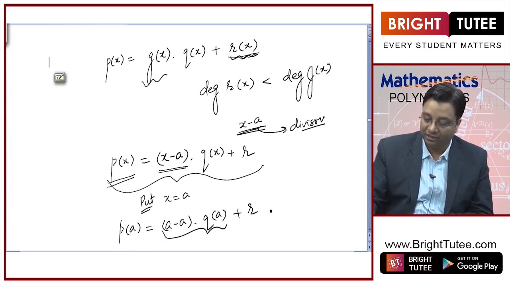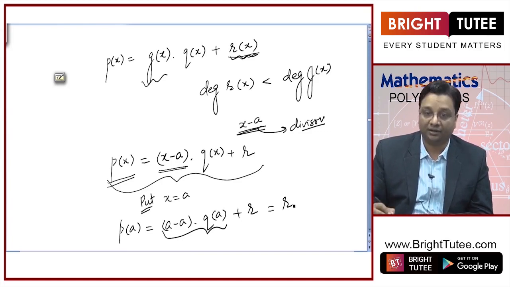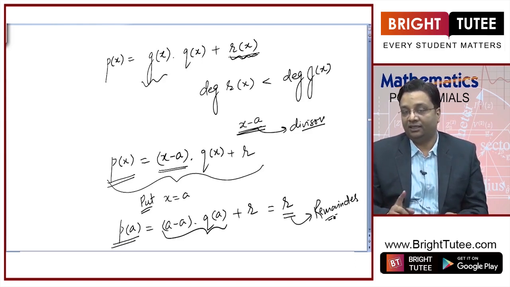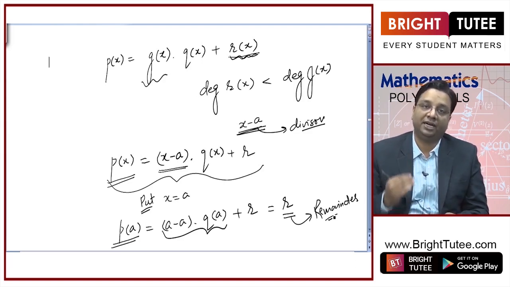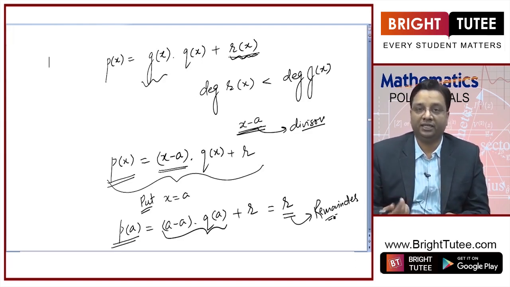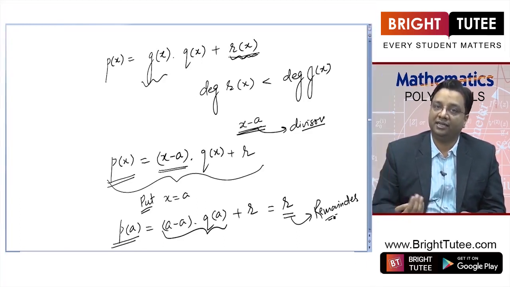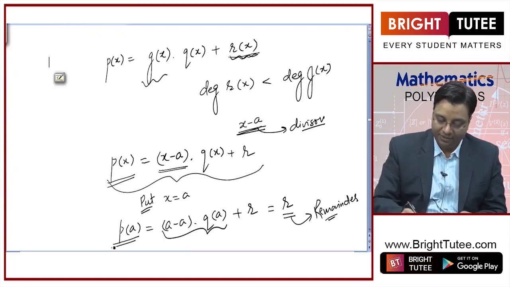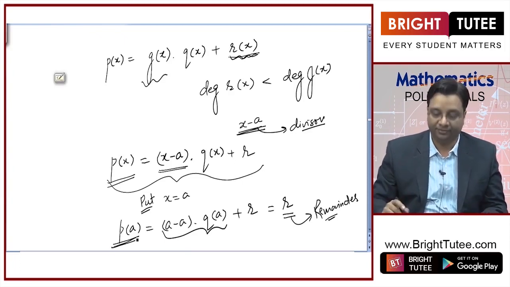Now this expression is 0, right? So this is equal to r. So P of a is the remainder itself. This much we learned in the remainder theorem, that when we divide a polynomial of degree greater than or equal to 1 by a linear polynomial, let us say x minus a, the remainder is P of a.